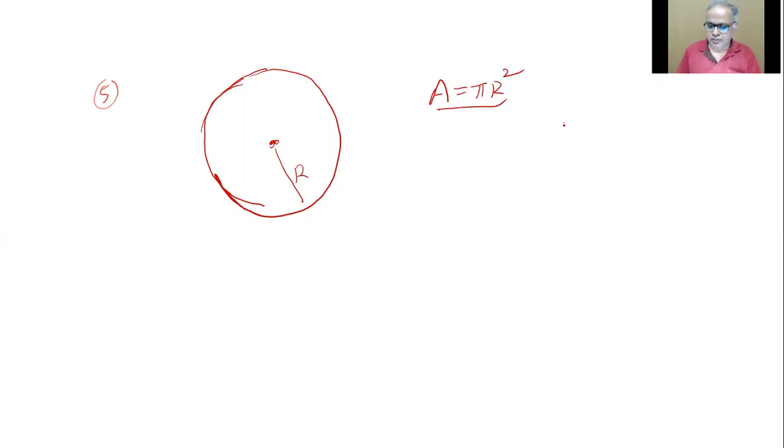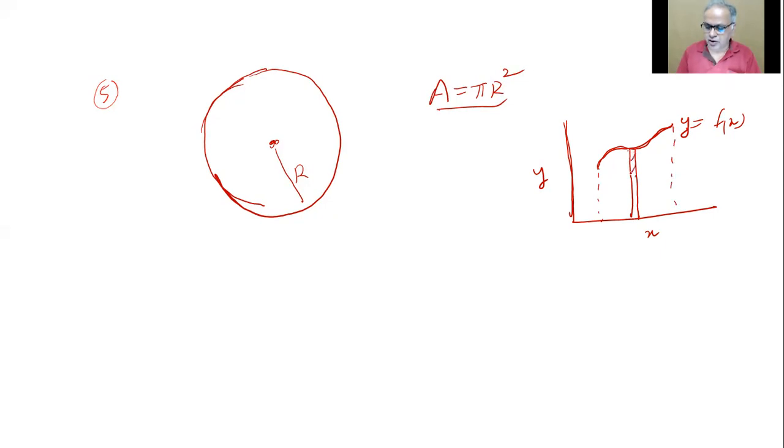And I recall to your memory that integration is basically, geometrically speaking, finding out the area between the curve, this is called the y equals f of x curve, and, for example, the x-axis, for which we'll take a small element first.